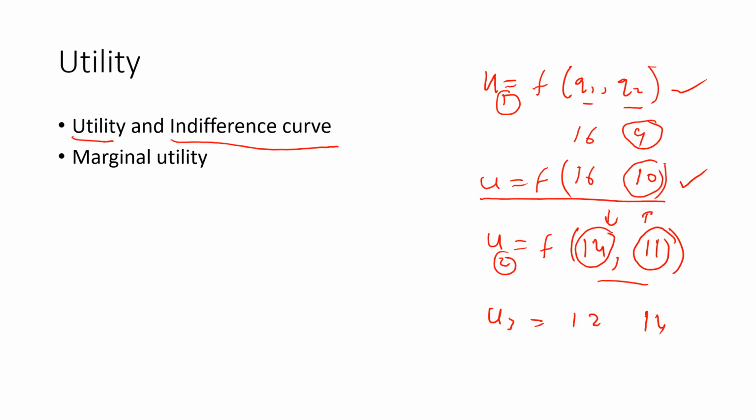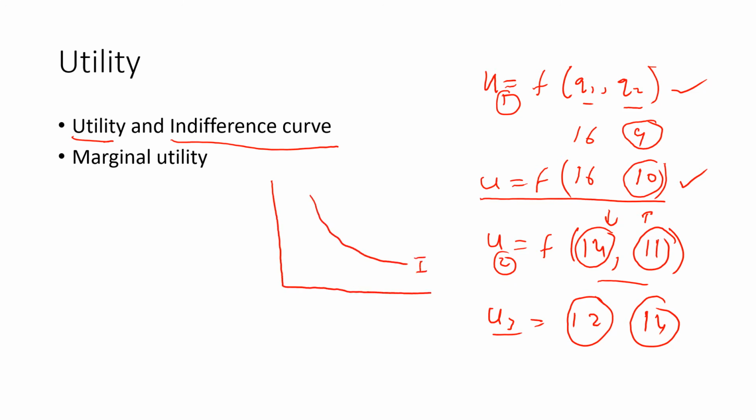When utility remains the same and we are changing the goods in the bundle, increasing one good and decreasing the second good, in this type of situation, when we graph and combine all these bundles, this curve is known as the indifference curve, which comprises various combinations. Let's say the y-axis is for pizza and the x-axis is for burritos.